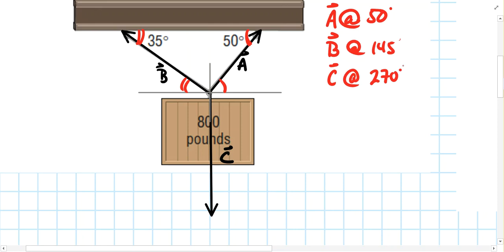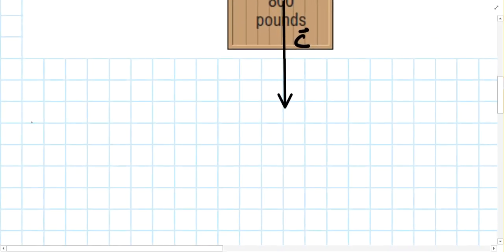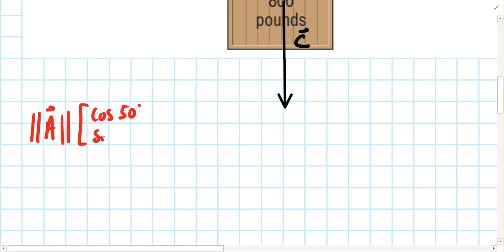And here again, all of these angles on a 360 degree scale help us tremendously when we use the calculator to evaluate our results. So let's think about what this would look like if we were to put all three of these vectors together. We would need to know the magnitude of A and multiply it by the cosine of 50 degrees and the sine of 50 degrees.